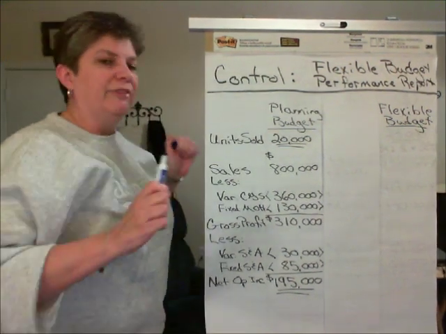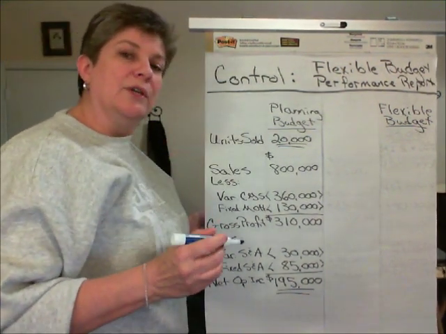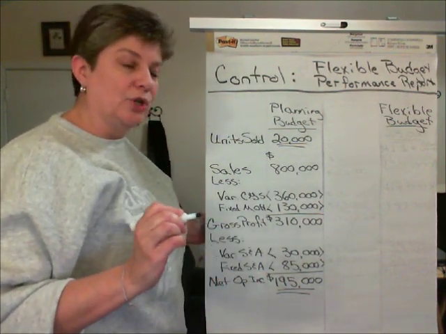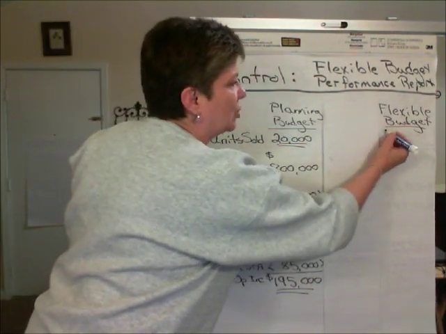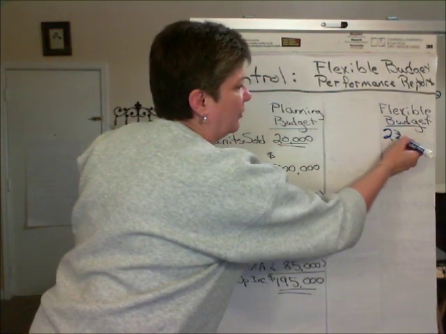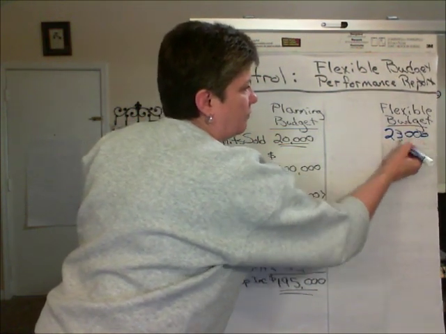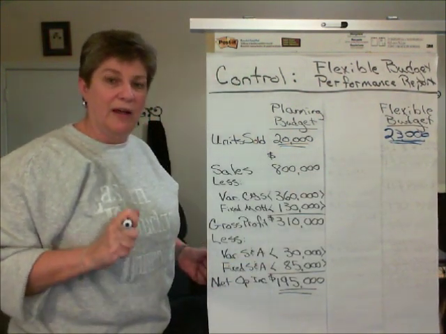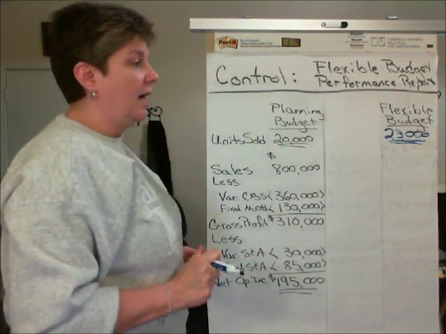Okay. Now, the flexible budget, again, is what revenues should have been for actual production and sales. So we actually sold 23,000 units. So that should be at the top of our flexible budget column.